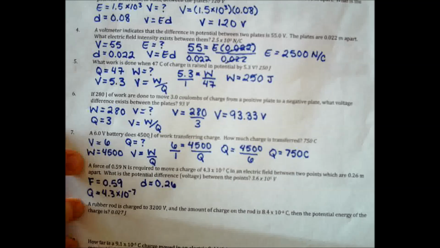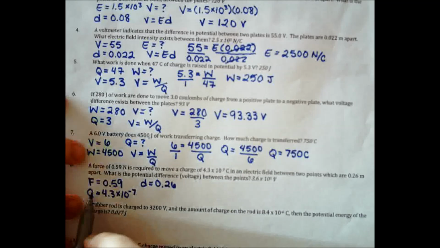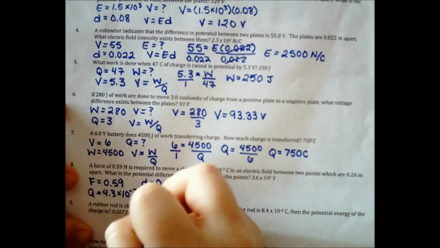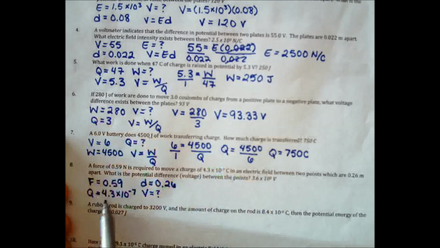What is the potential difference or voltage between the 2 points? So we have F and Q. Now, this is interesting because we're looking for voltage. We have F, Q, and D.